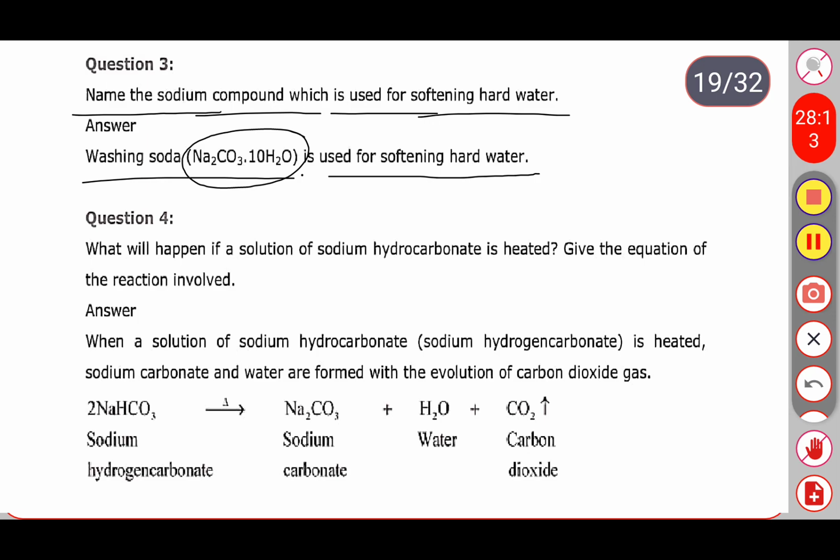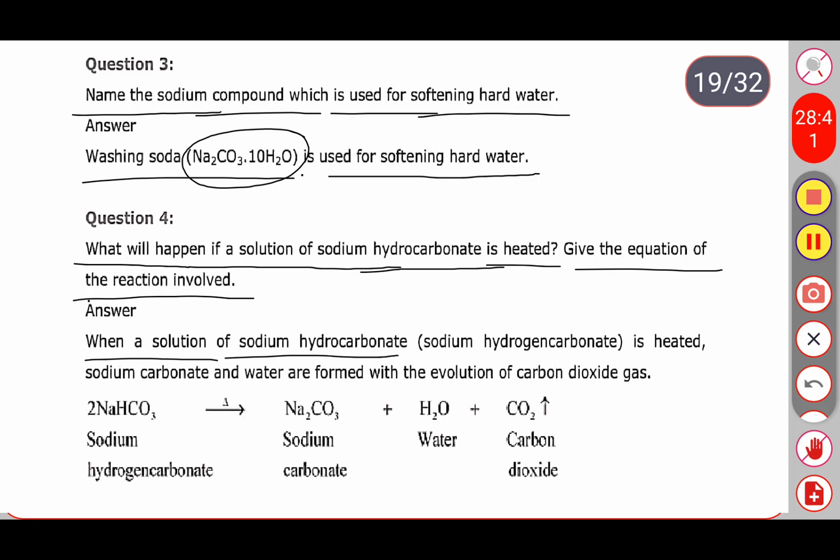See the next question. What will happen if a solution of sodium hydrogen carbonate is heated? Give the equation of the reaction involved. When a solution of sodium hydrogen carbonate is heated, sodium carbonate and water are formed with the evolution of carbon dioxide gas.